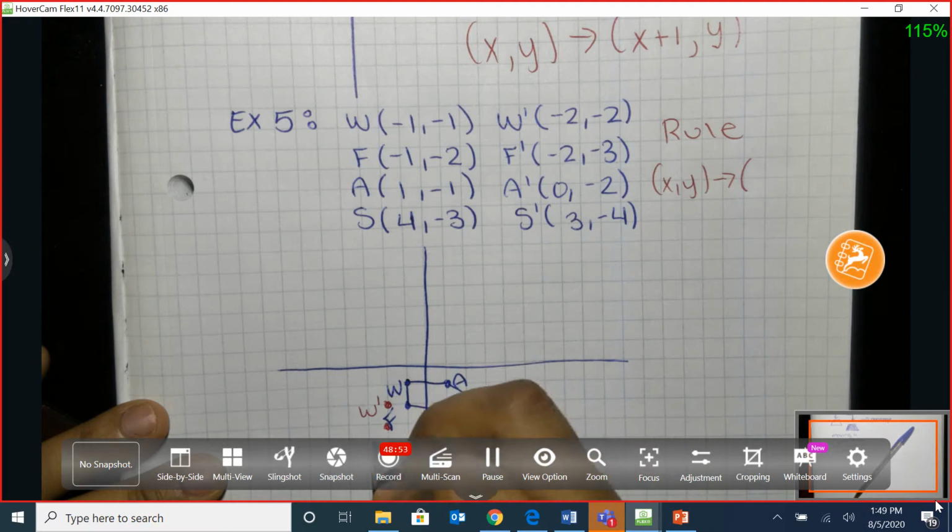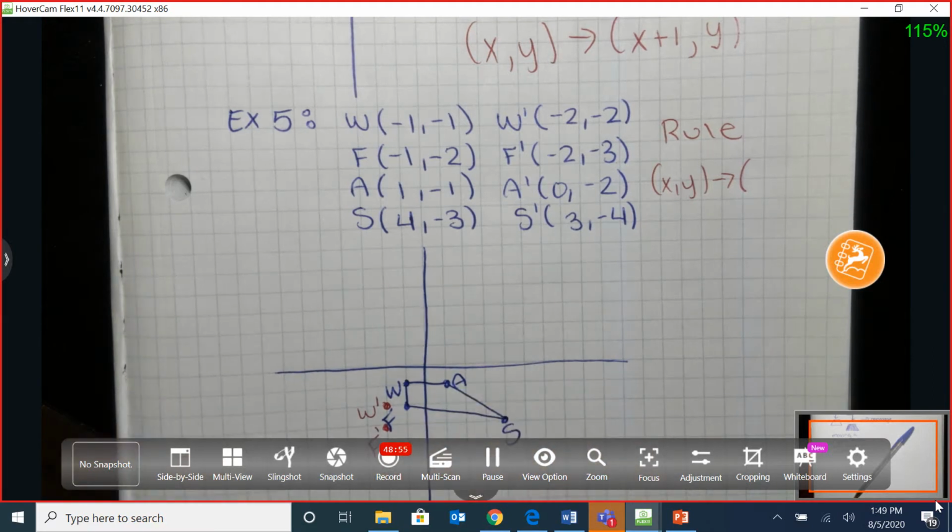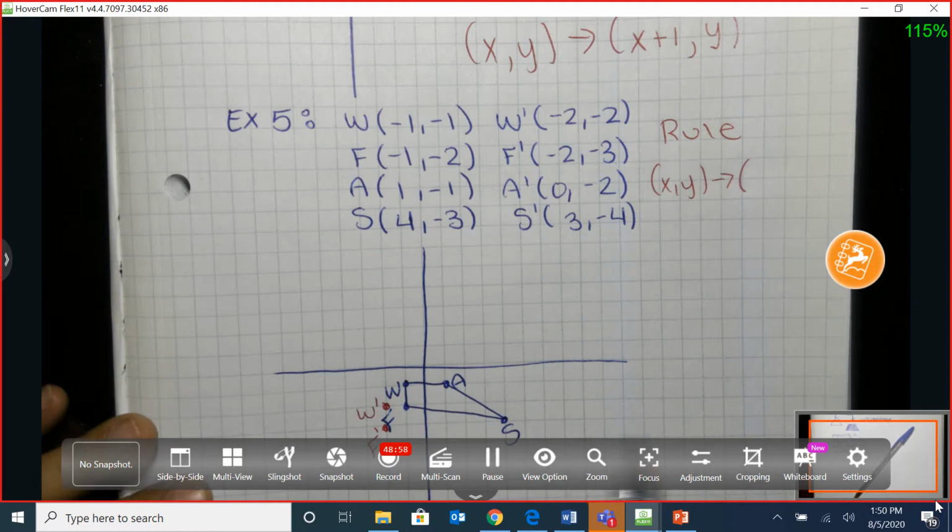This one is going to overlap a little bit, so just be mindful of how big you're writing.